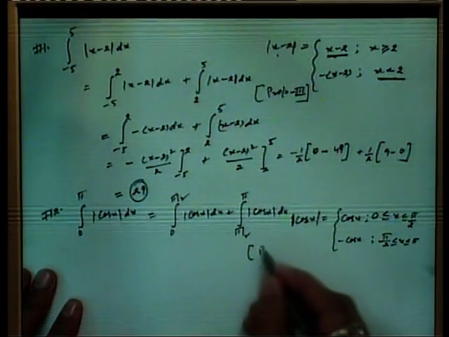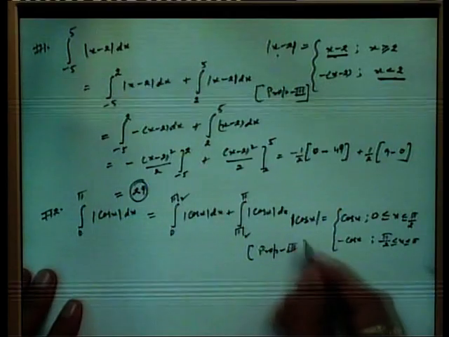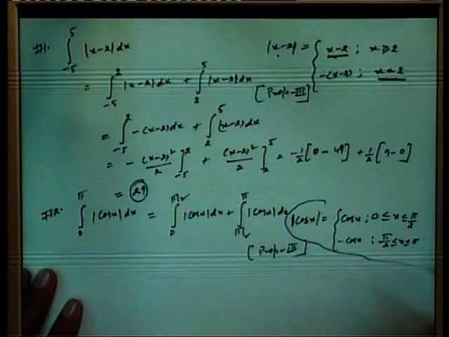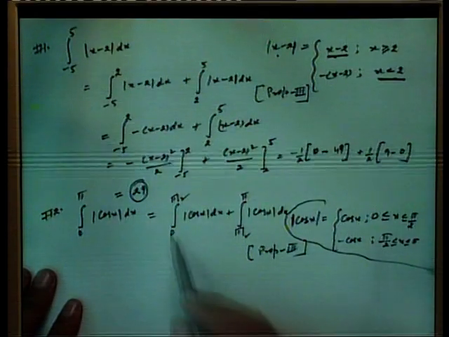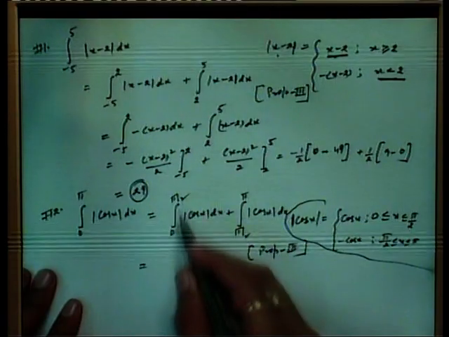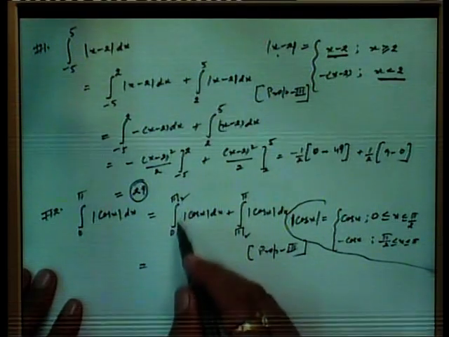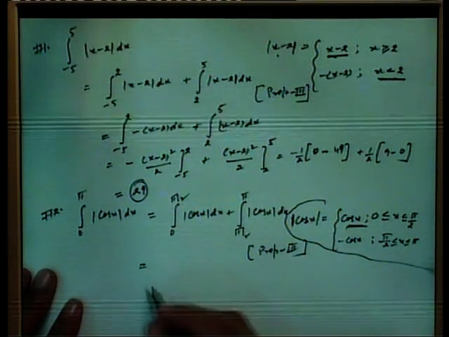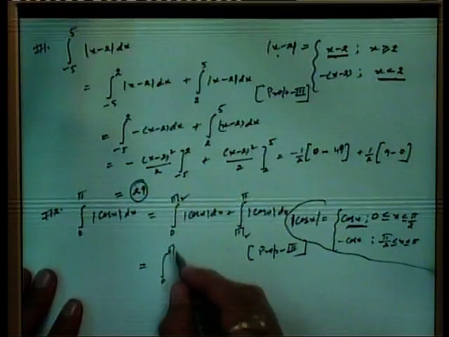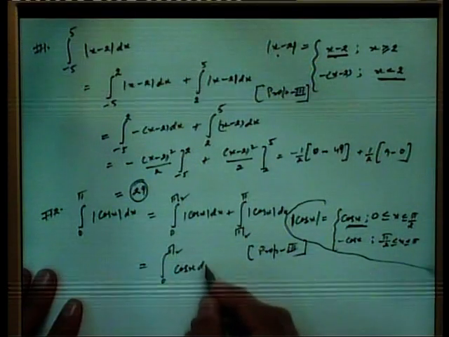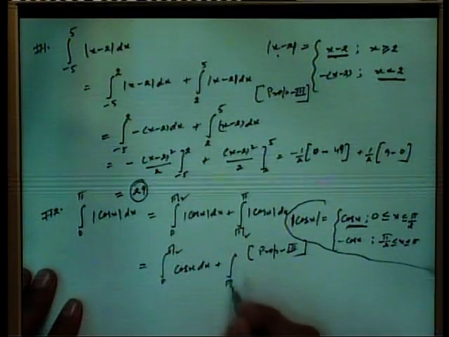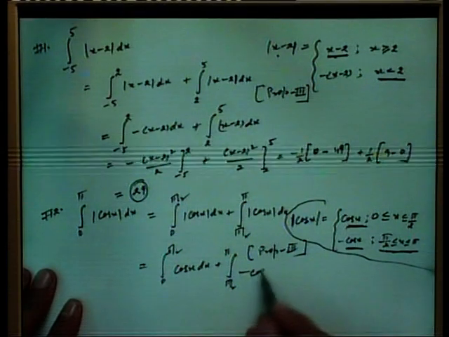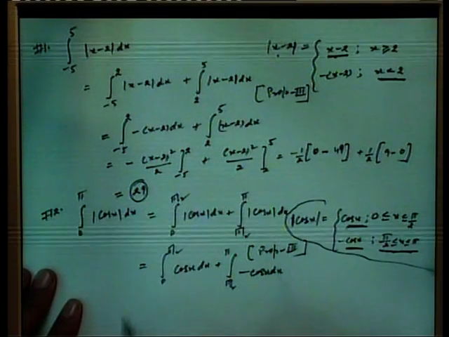Here we use property number 3 again. In the first integral x lies between 0 and pi by 2, so mod cos x is cos x, and in the second integral, pi by 2 to pi, mod cos x is minus cos x dx.